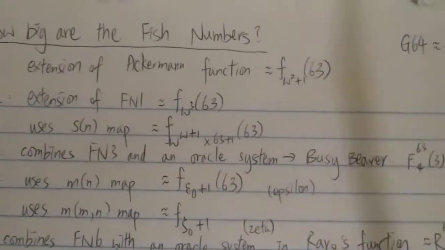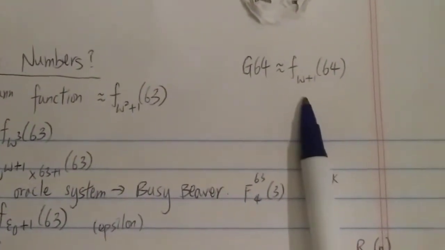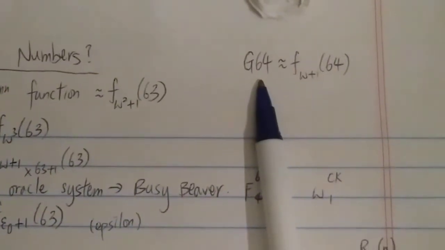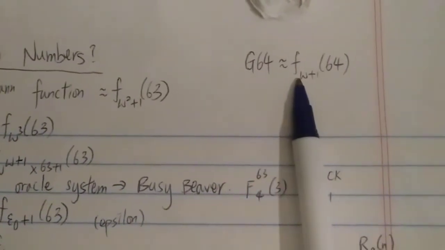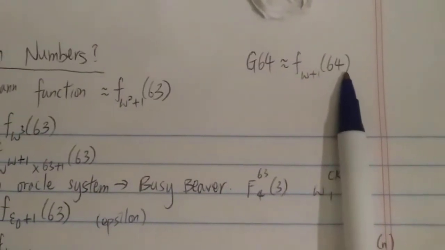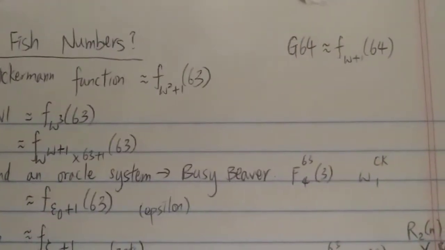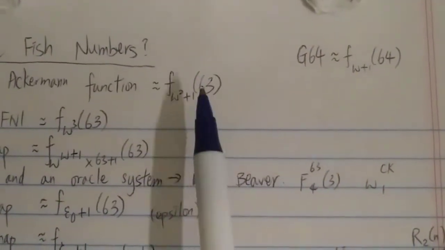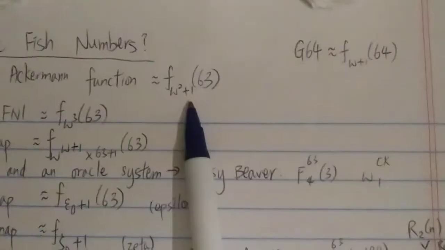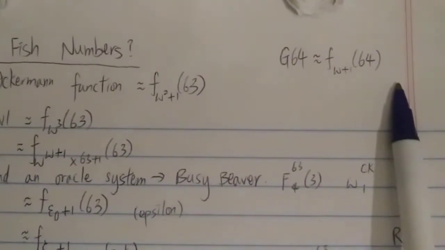So what does that mean? Again, you can read that up yourself, but here's a quick comparison. The famous Graham's number G64 is around f of omega plus 164. So if you're familiar with the fast-growing hierarchy, you can already tell that Fish number 1 is way bigger than Graham's number.